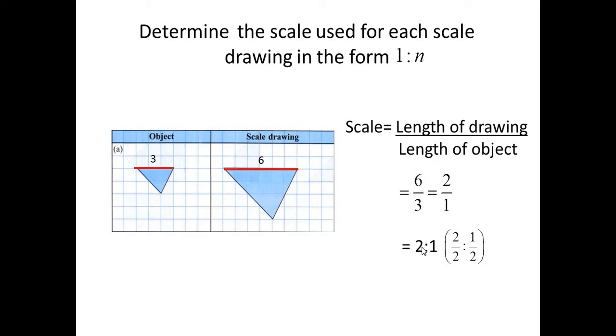So we're going to divide by 2, so that we will have the final answer as 1:1/2. Remember just now, our n is less than 1. So if n is less than 1, it means the drawing is bigger than the object. So your answer is correct.